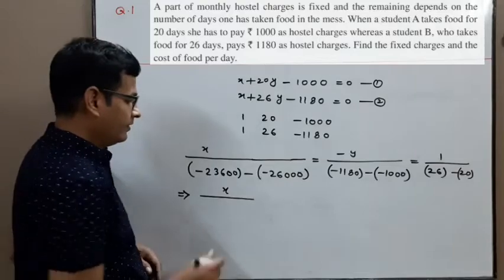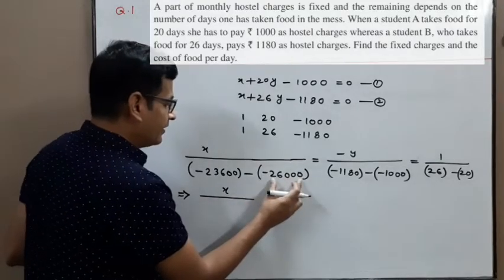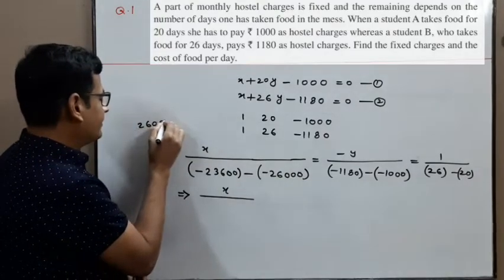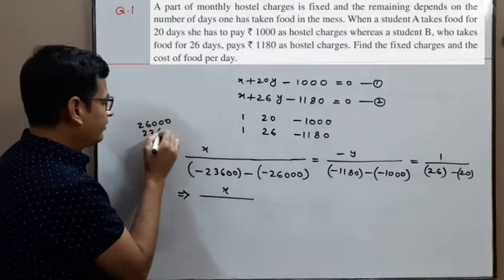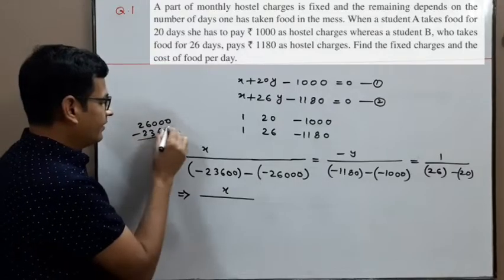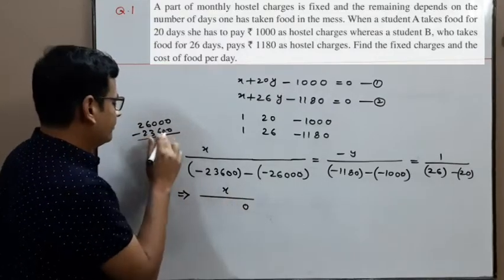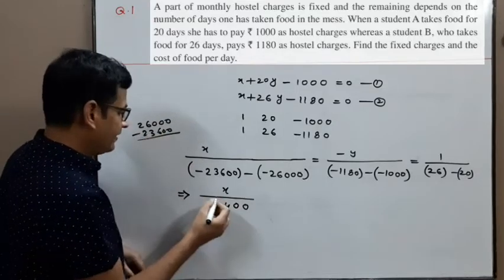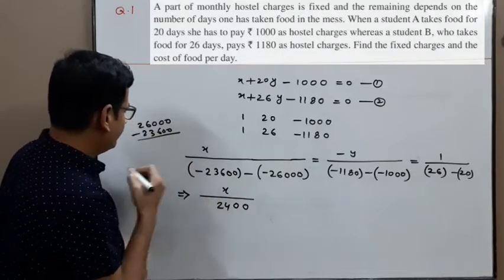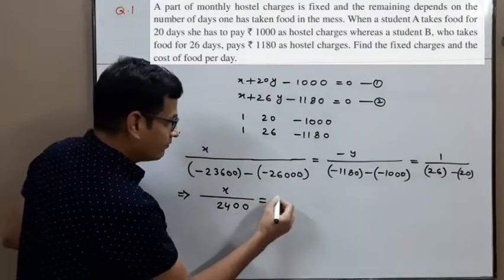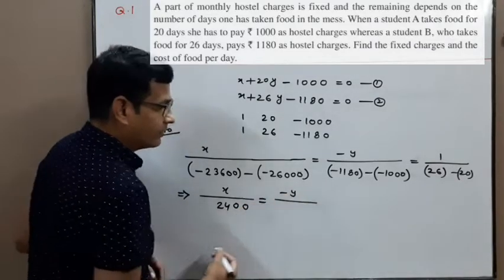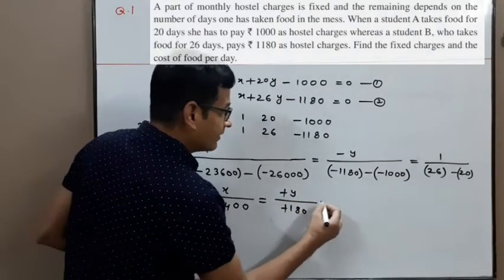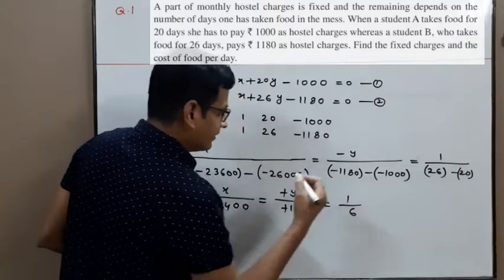X upon minus minus plus, so subtract 26,000 minus 23,600, and then this one, 1180 minus 1000 is 180, is equal to 1 upon 6.